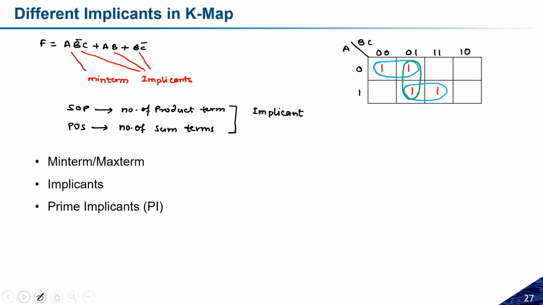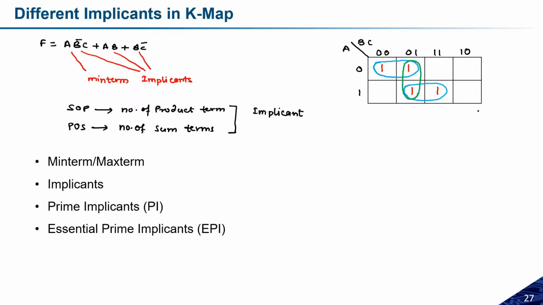The next term is the essential prime implicant. What is this essential prime implicant? The number of pairs that are necessary to solve any of the K maps is called the essential prime implicant.